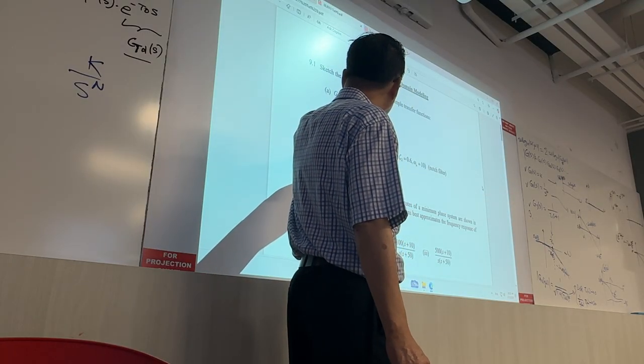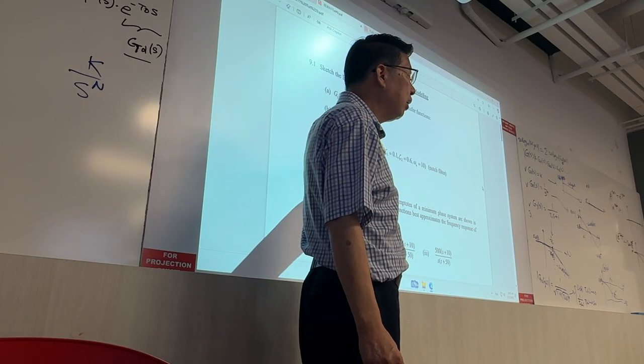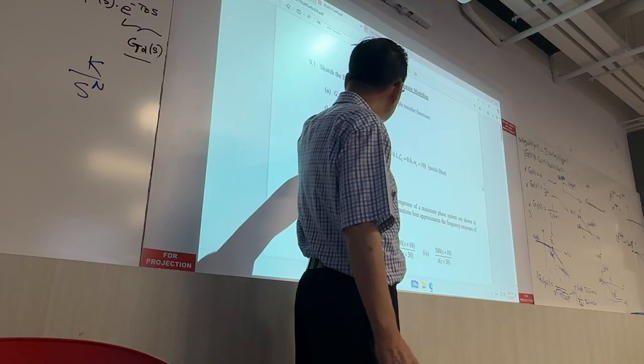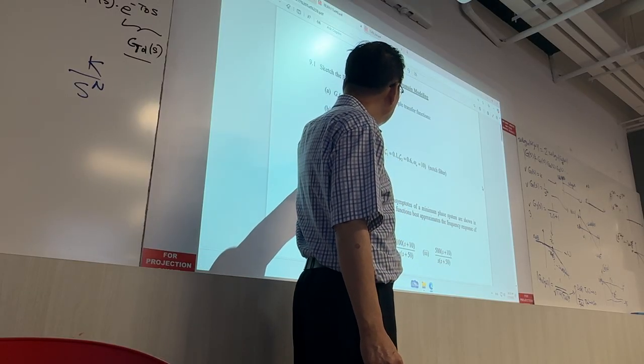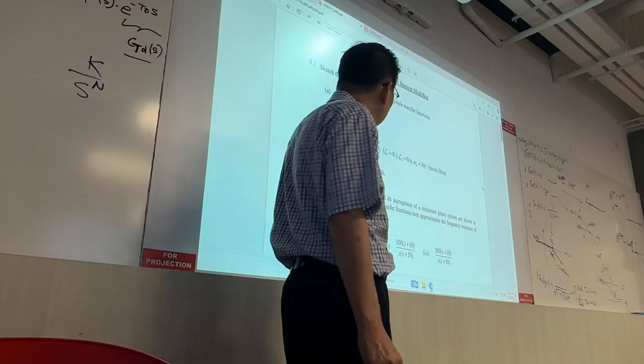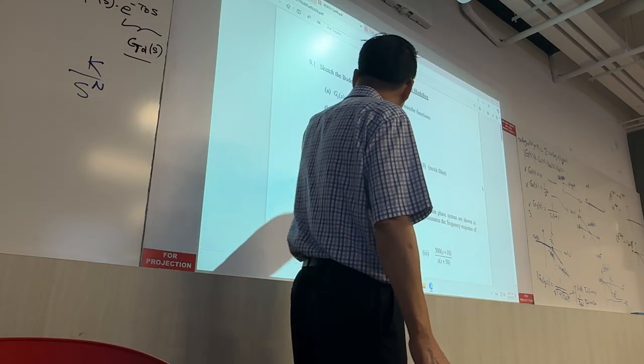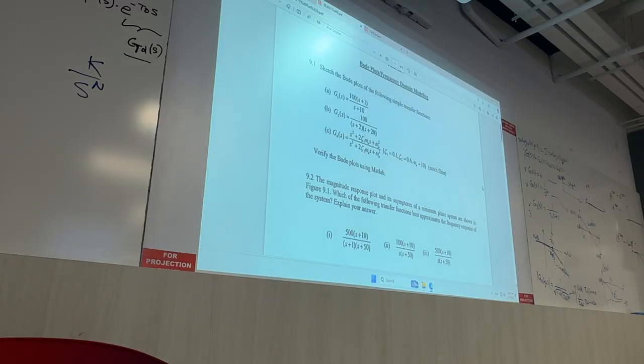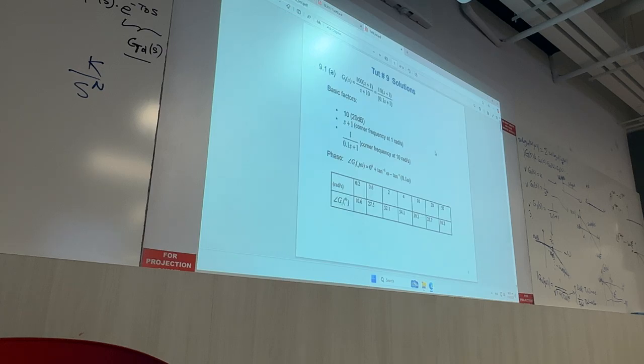And for the second one, also the first thing you notice is this is not in normalized form. You pull the 20 out, so this becomes 50. You pull the 20 out, this will become 2.5 or something. Right? So you need to convert into the standard normalized form, and then it will be rather straightforward. Okay.